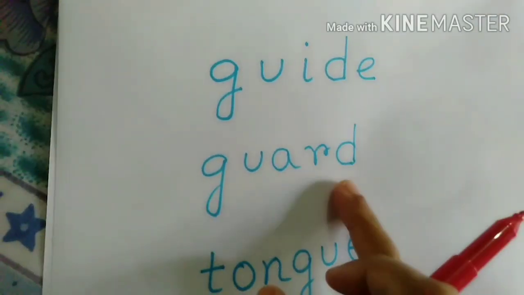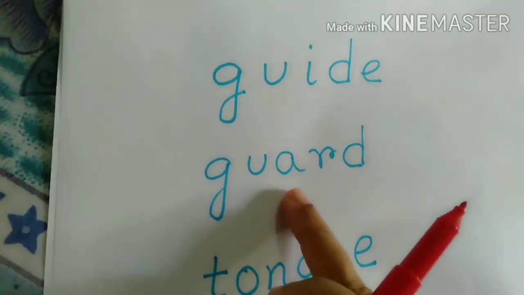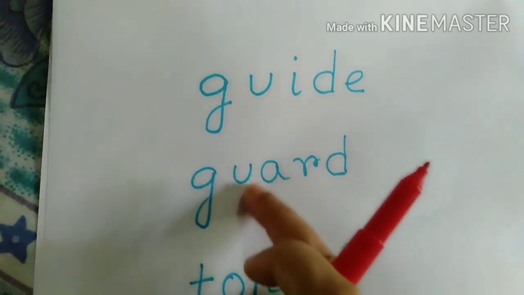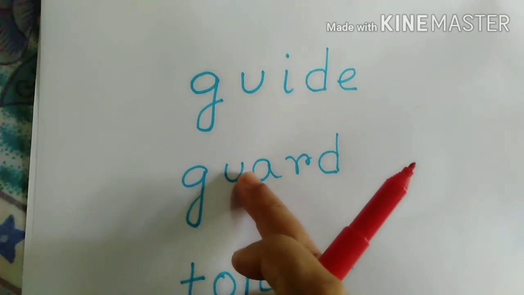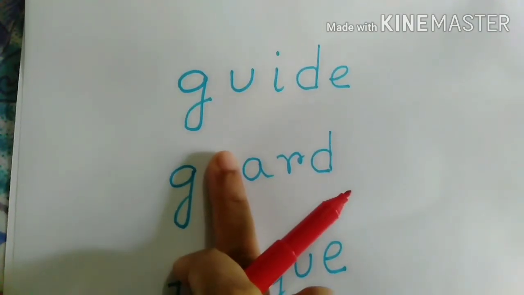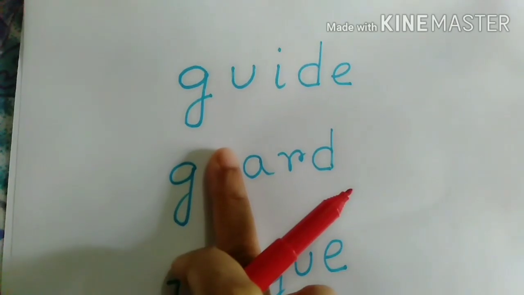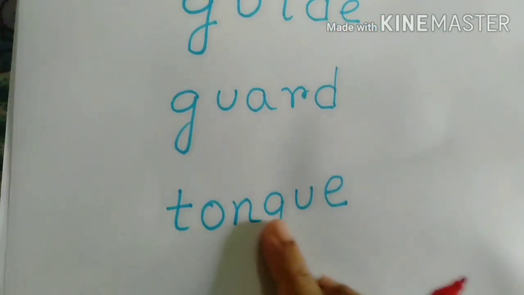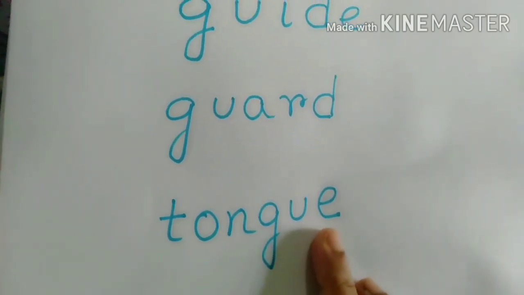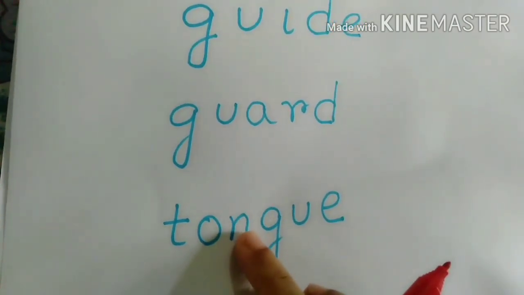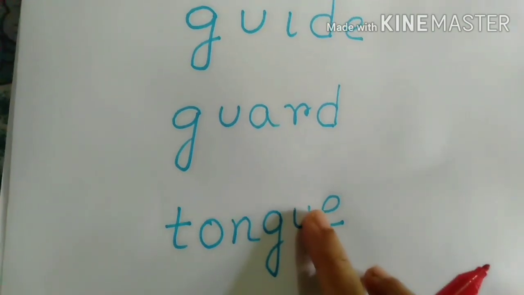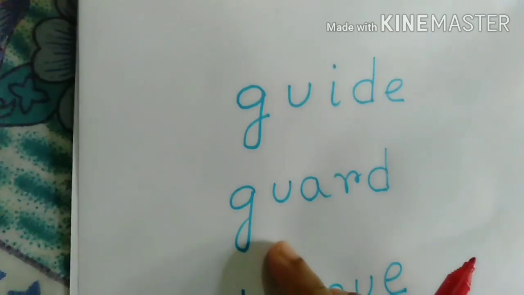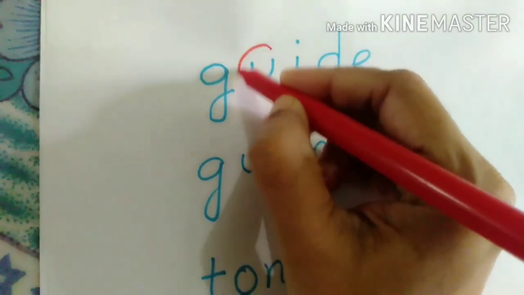Same with the next word, guard. Here also the pronunciation of U is missing, because if I hide U, then also the pronunciation will be guard. Tongue, tongue. So the pronunciation of U is missing. So U in all these cases is silent, right?